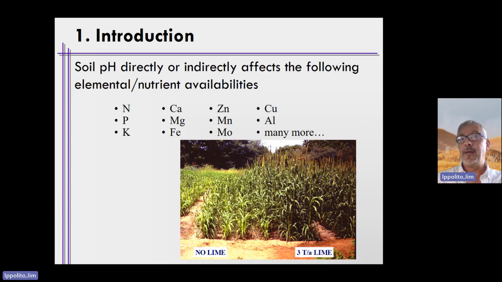It affects nitrogen basically indirectly because of the release of nitrogen from organic forms by microorganisms that like a certain range of pH values. It certainly and directly affects calcium, zinc, copper release and availability in soils, certainly magnesium, manganese, aluminum, molybdenum, iron, potassium and phosphorus and others. And so this is the importance of knowing what the soil pH is.